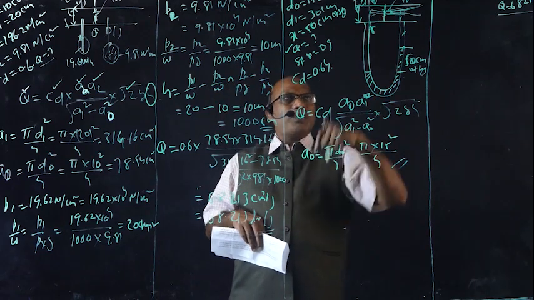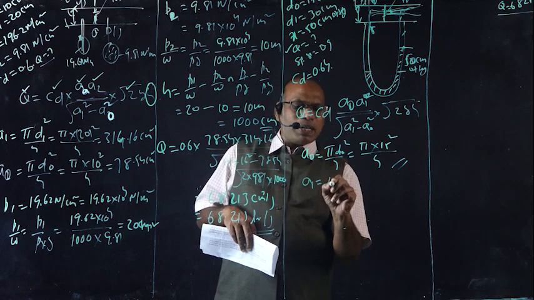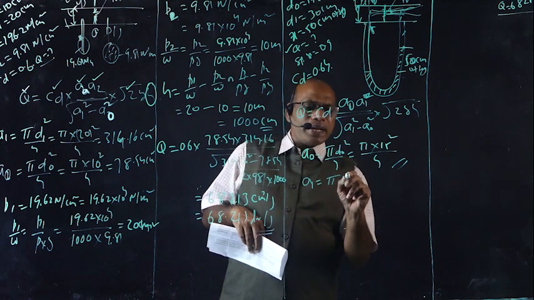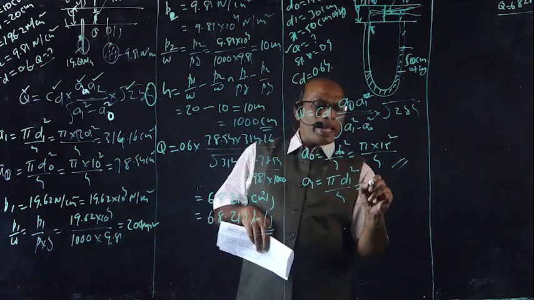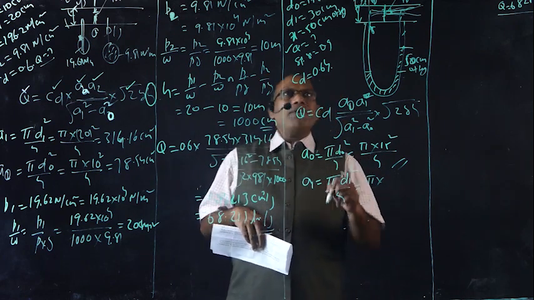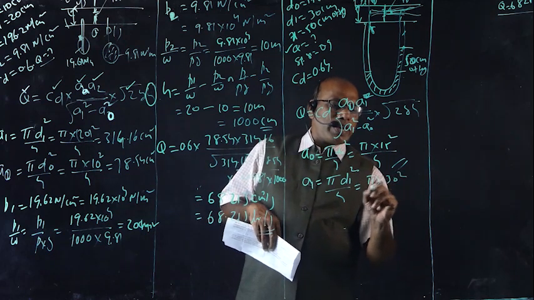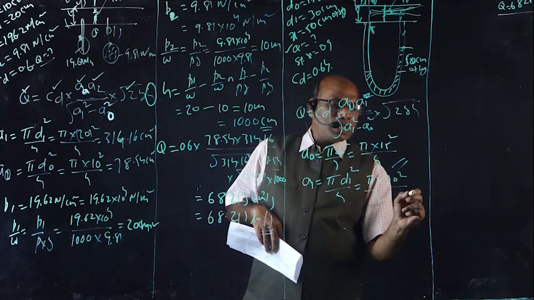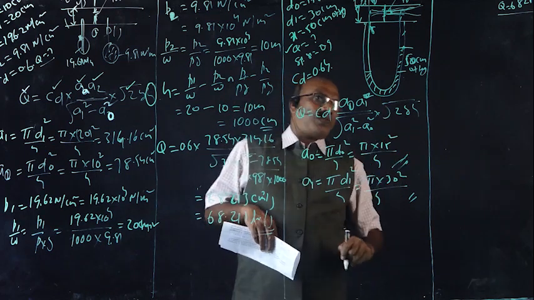And A1 is the cross-sectional area of the pipe, equal to pi d1 square by 4, that is pi into, what is d1? Diameter of the pipe, that is 30 centimeters, so 30 square divided by 4. This is the cross-sectional area of the pipe.